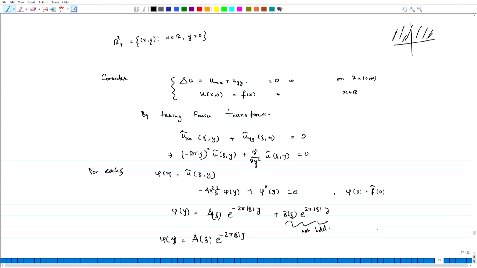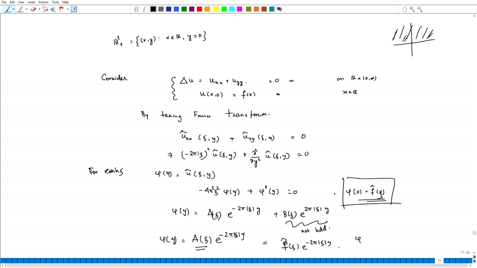We know exactly that phi of 0 is equal to f hat of xi. Therefore, by this condition, a(xi) is equal to f hat of xi, so phi is f hat of xi e to the power minus 2 pi mod xi y.